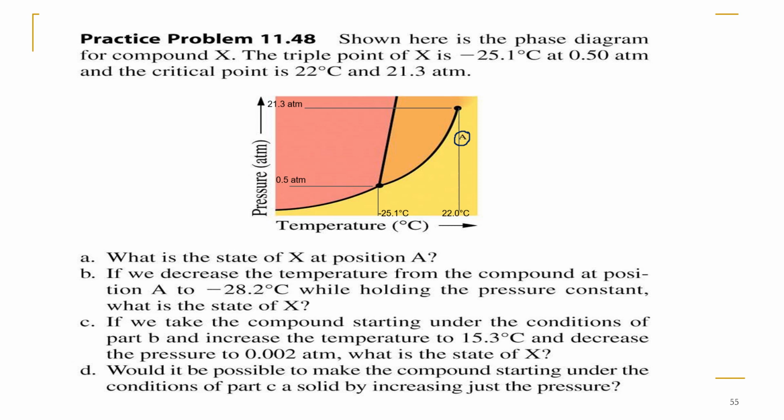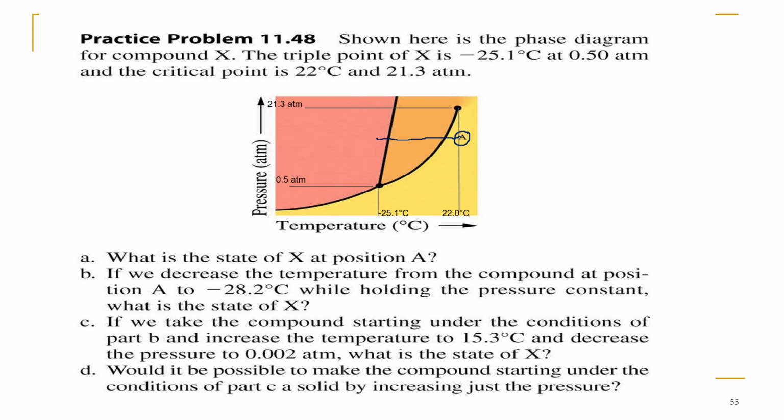If I start at point A and I decrease the temperature to negative 28.2 while holding pressure constant, what will the state of X be? If I start here and decrease the temperature to negative 28, I can see that negative 28 is less than the triple point.